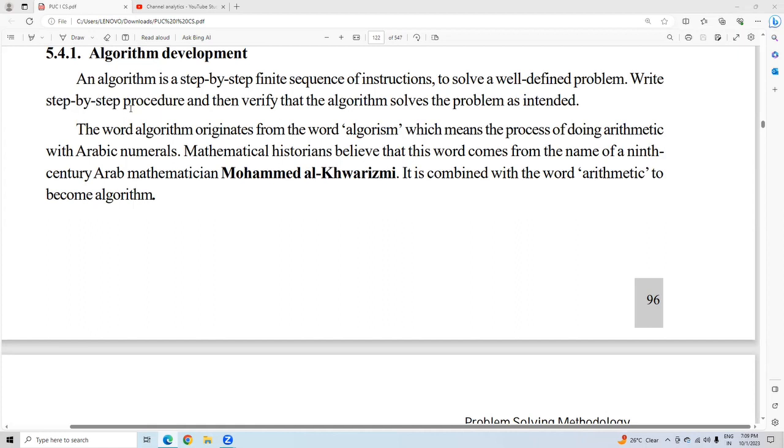So an Arab mathematician called Muhammad al-Khwarizmi, his name is combined with the word arithmetic to become algorithm.